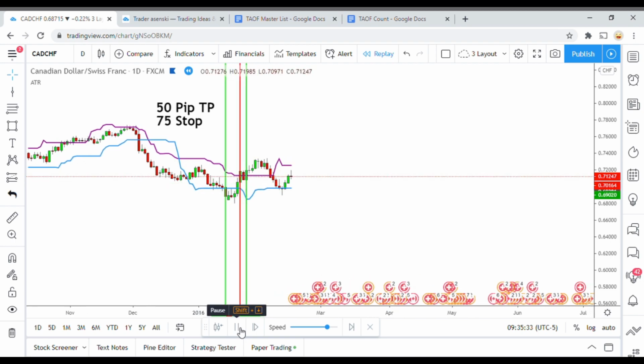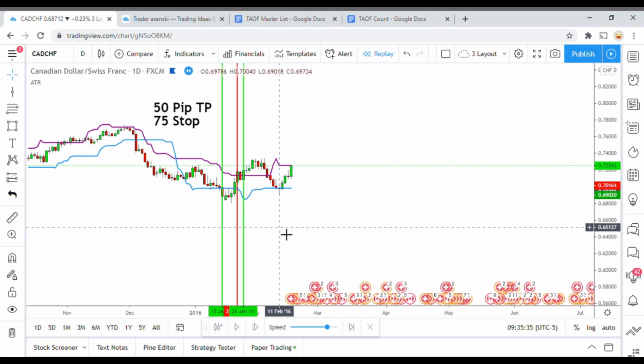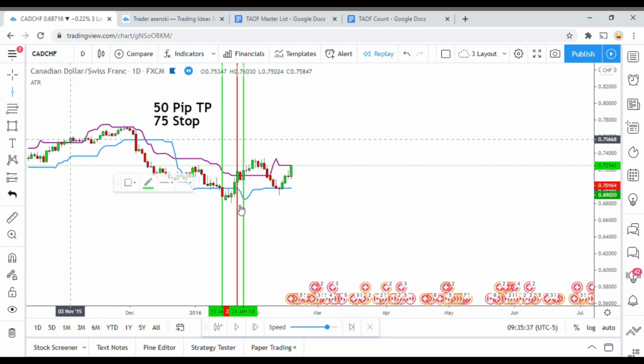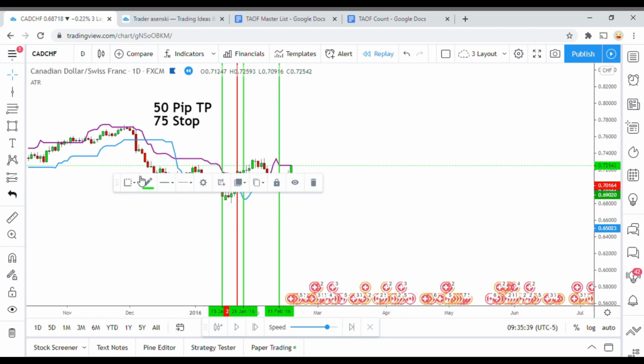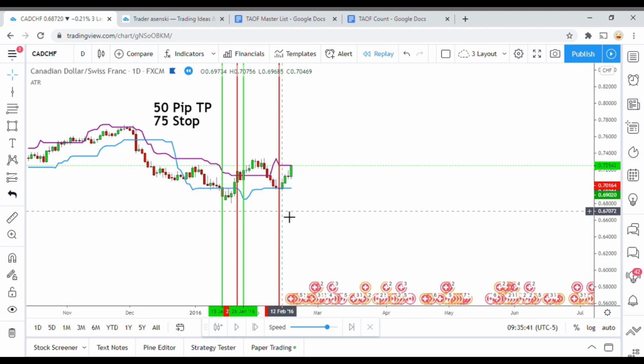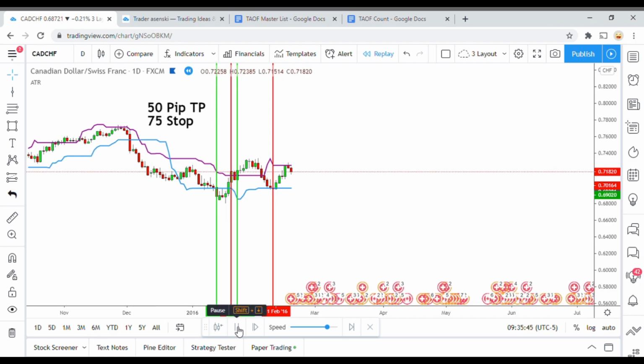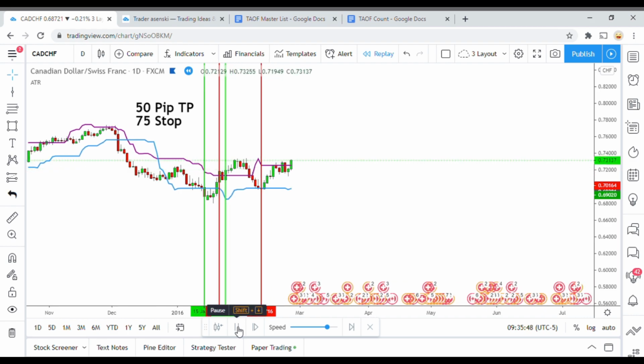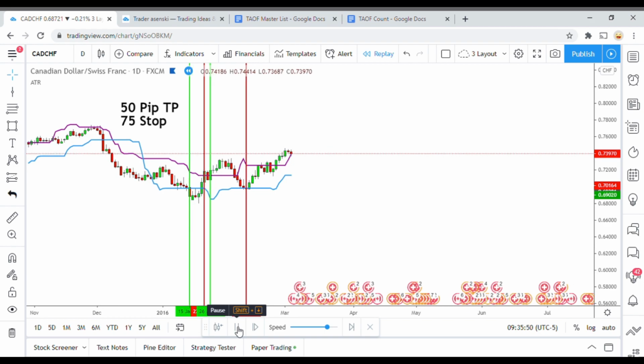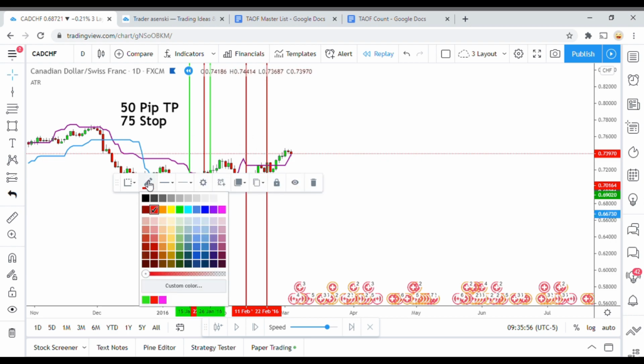All right, here, that was a break to the downside right there on that one, and almost immediately it turned around and shot up, and looks like it faked us out again on this one.